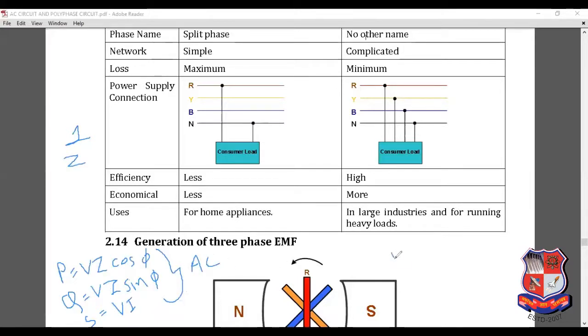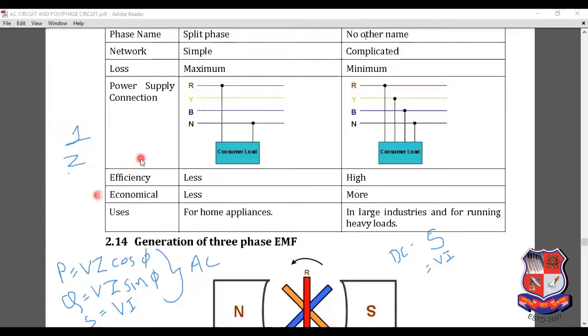Whereas in case of DC, we have only apparent power, which means only the product of voltage and current. Please keep in mind these things. In case of AC, we are dealing with the impedance, and in case of a DC circuit, we are dealing with the resistive property only, whereas the power factor is unity.